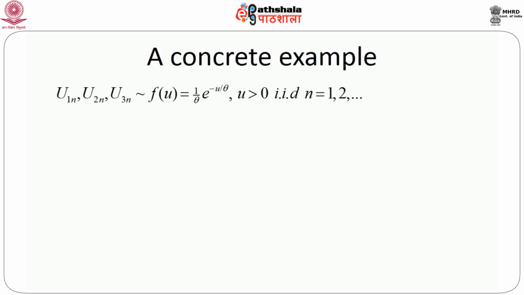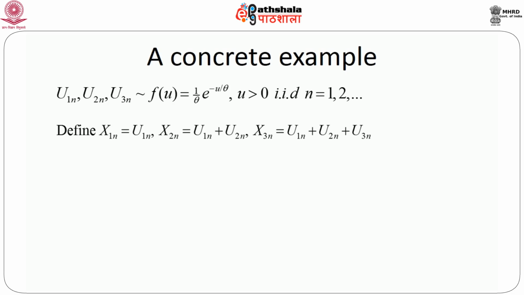Now, just to give a feel, let us consider a concrete example. Let U1n, U2n, U3n follow the exponential distribution with mean theta, and for the sake of simplicity, here we assume that all U1n, U2n, U3n are IID, that means independently and identically distributed random variables for n equals 1, 2 and so on.